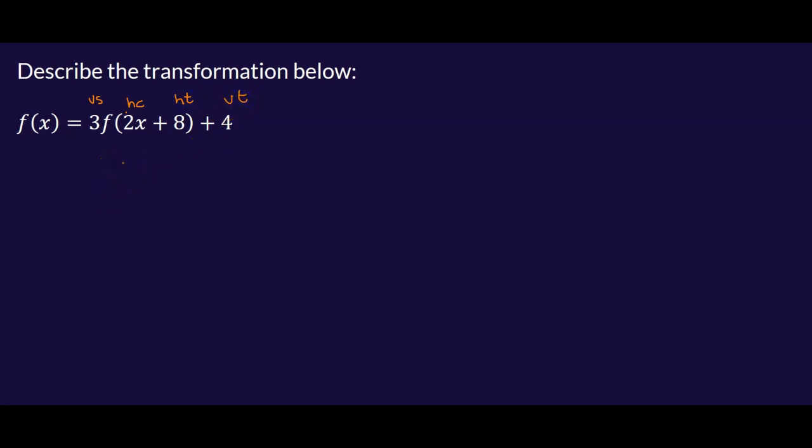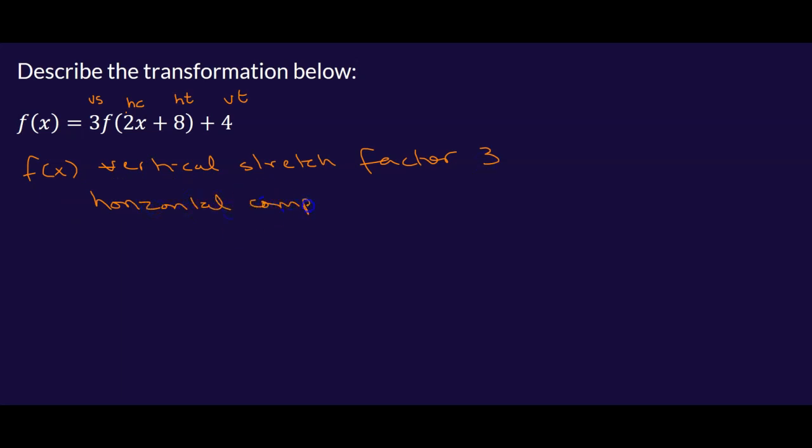So let's see how we're going to go about this. f of x is our function, and it goes through a vertical stretch, factor 3. I think that's a better way to write it. Then we have a horizontal compression, and the factor there is 1/2.